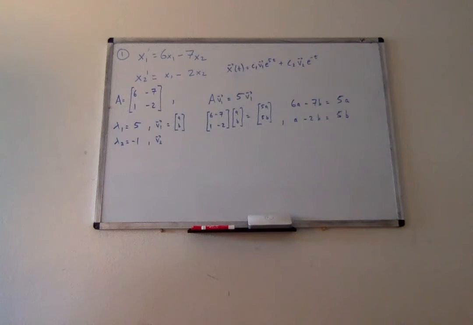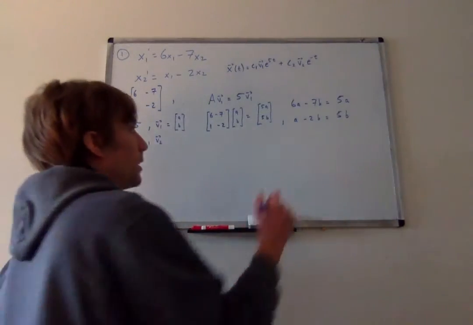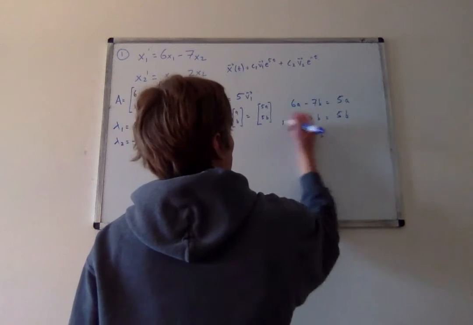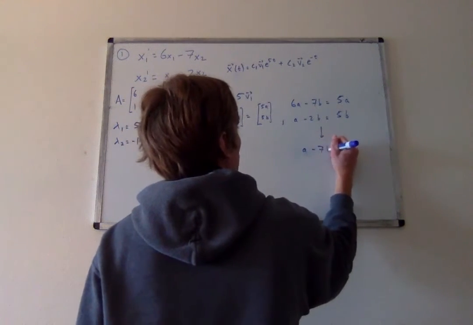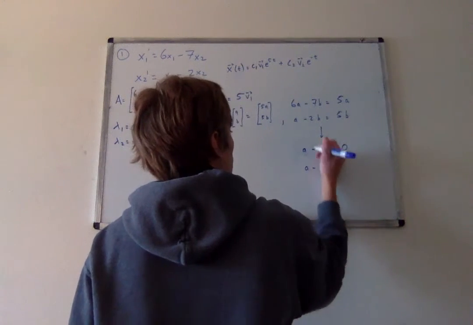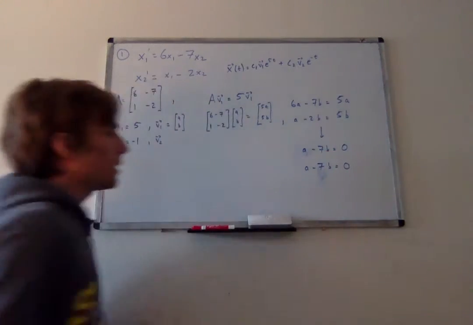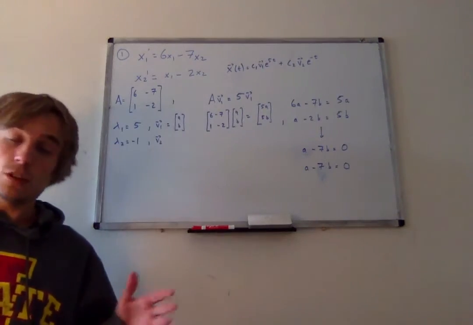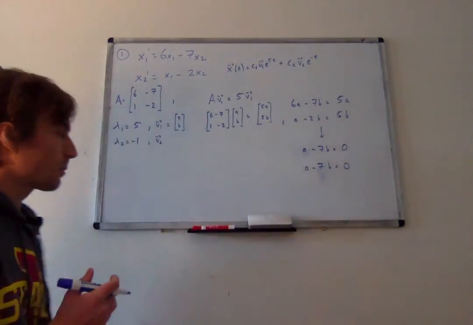All right, so there's actually something a little quicker we can do, because notice here, this is immediately going to translate into a minus 7b is equal to 0 and a minus 7b is equal to 0. So we're going to see that we get sort of a set of two redundant equations, which is very good, which should always happen when we're doing eigenvalue calculations like this.